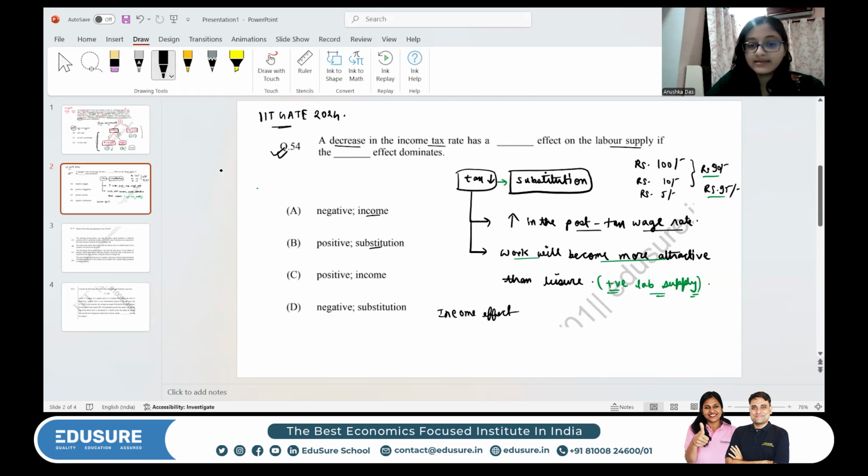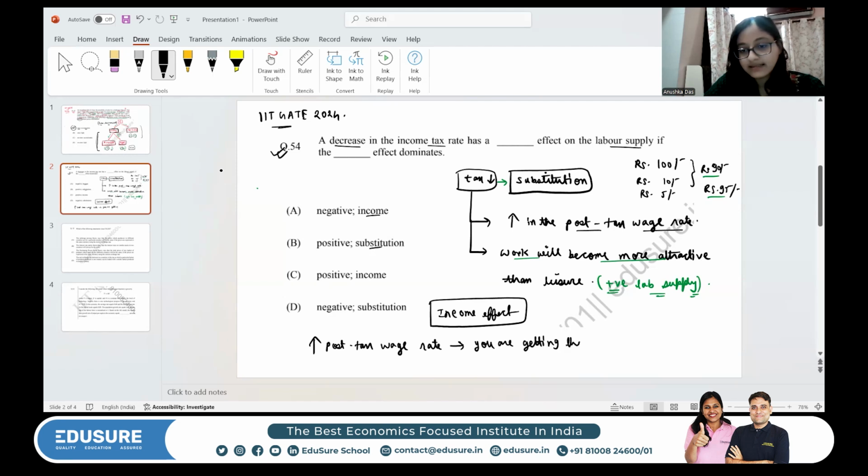Now see what will happen in case of income effect. The first point remains the same, that your post-tax wage rate will go up. There is no change in that. Post-tax wage rate goes up. This is true for both these effects. But as a result, you will feel you are getting the same wage working fewer hours.